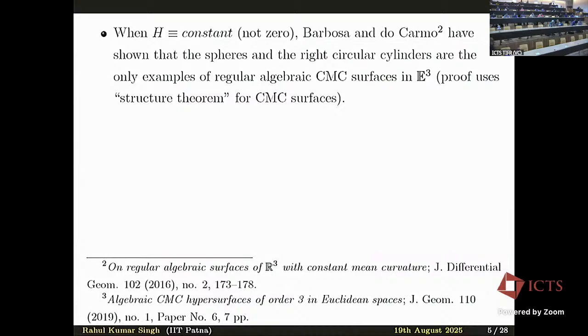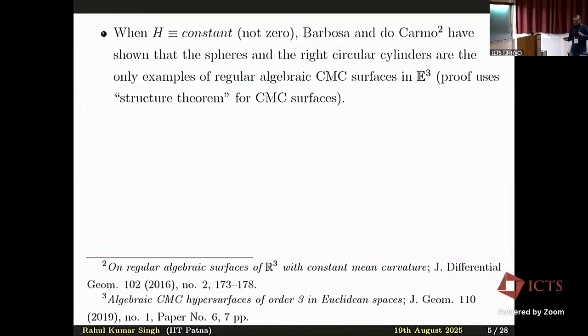Now, since we are discussing constant mean curvature, when H is constant and non-zero, Barbosa and do Carmo have shown that if you're just looking for the regular examples of algebraic surfaces in Euclidean space, then the only examples are spheres and right circular cylinders. The proof crucially uses something called a structure theorem for CMC surfaces.